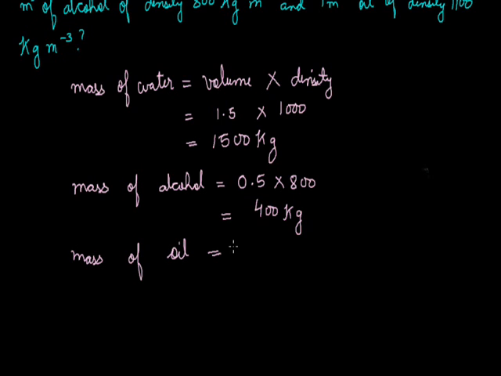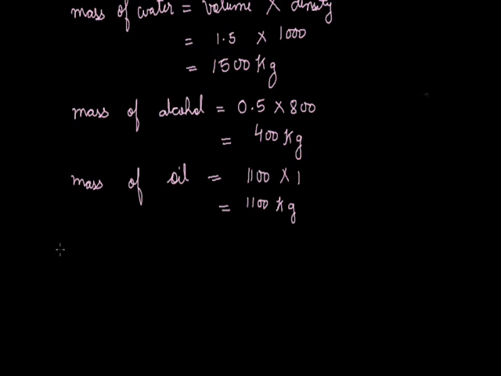The density of oil is 1100, whereas its volume is 1. Hence, its mass will be 1100 kg. So, we can calculate the total mass by adding all of them. Total mass will be 1500 plus 400 plus 1100, that is 3000 kg.